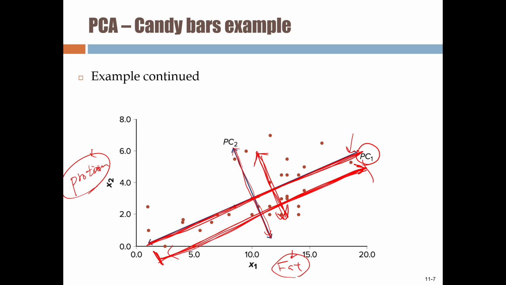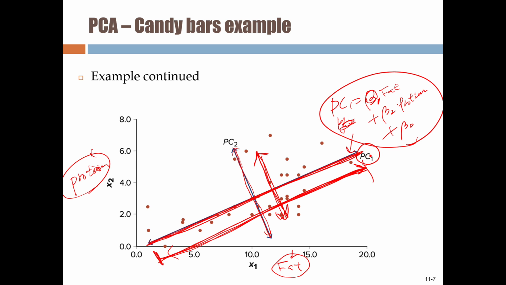We can create this line, PC1 equals a certain number, just like a regression: beta 1 times fat plus beta 2 times protein plus beta 0.